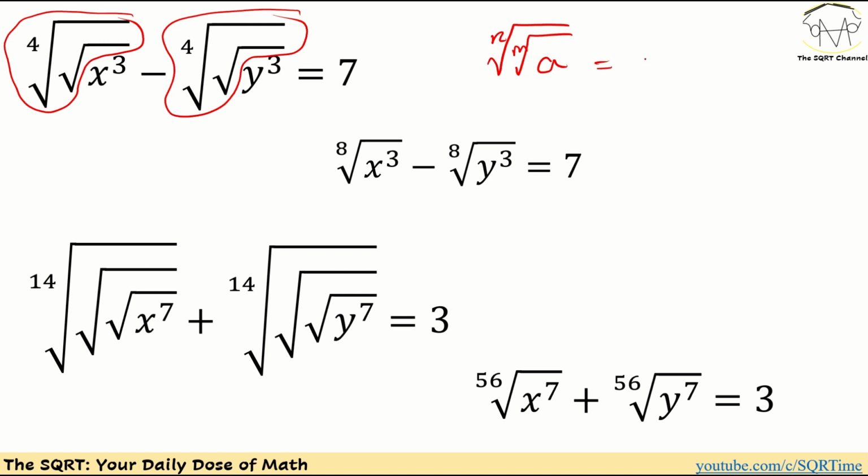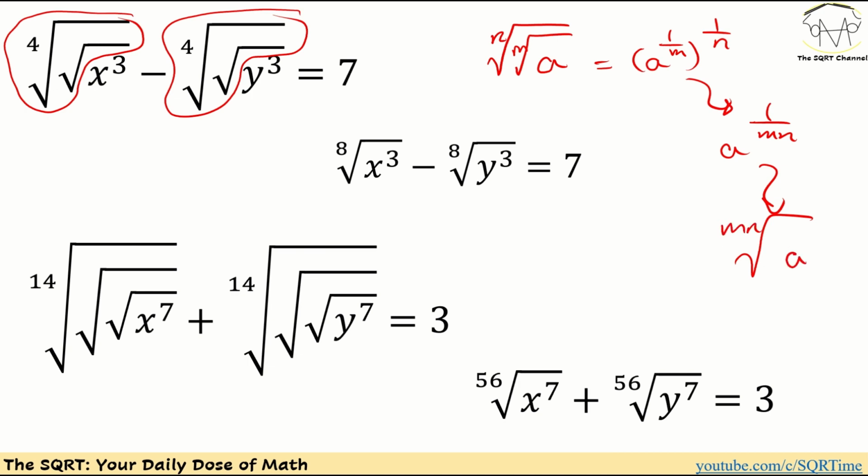We are going to write it as a to the power of 1 over m and then to the power of 1 over n, and as you can see here, I can write it as a to the power of 1 over mn, and the whole thing can be written as a with mn as the root.